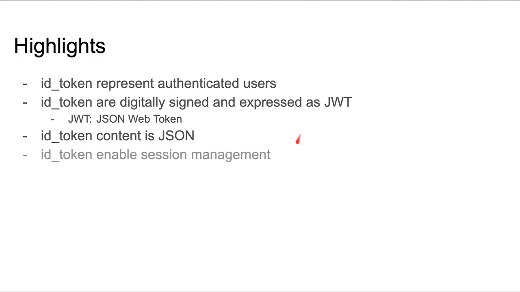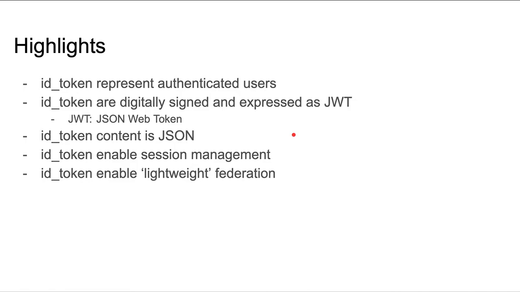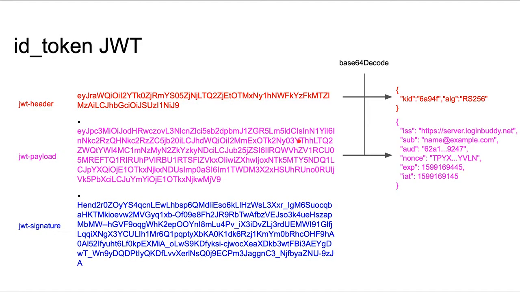ID tokens enable session management, which I will show later on. They also allow you to do something that I like to call lightweight federation, and I will talk about that later in this presentation.